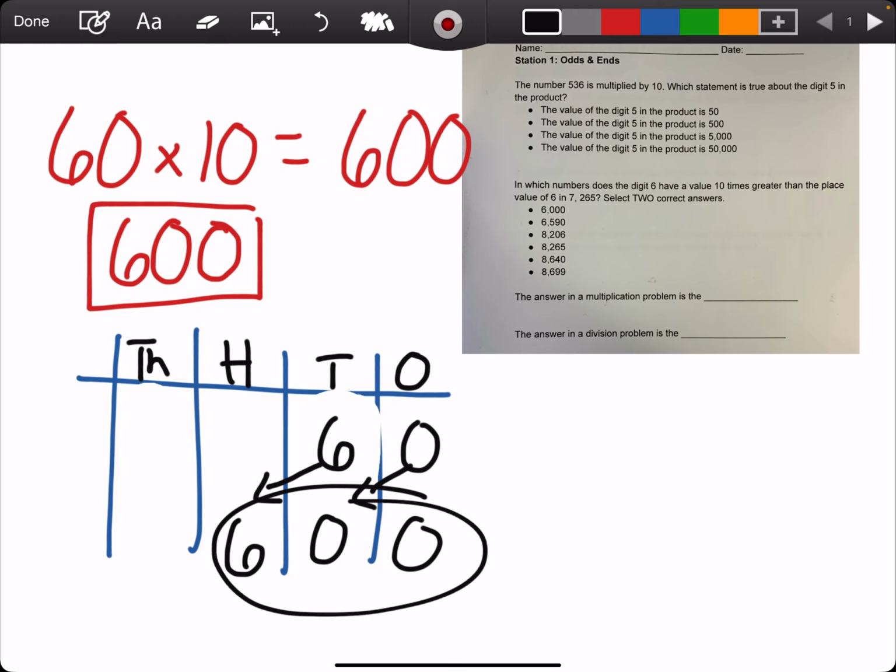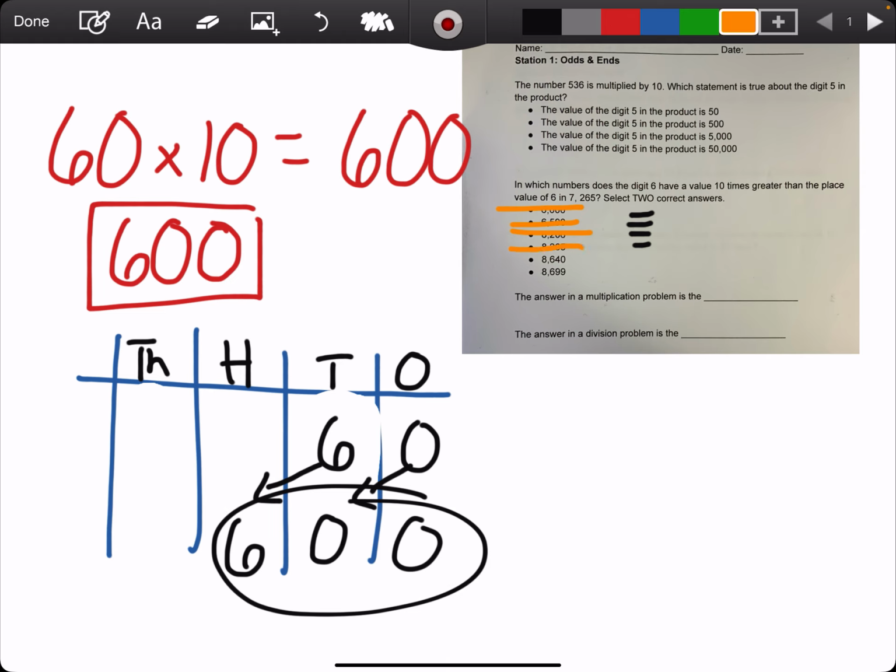So now I'm looking at my answer choices, and it says select 2 correct answers. Which 2 of those numbers have a 6 with a value of 600? I'm going to cross off as I go. 6,000, no. The 6 in 8,206 is in the ones place.